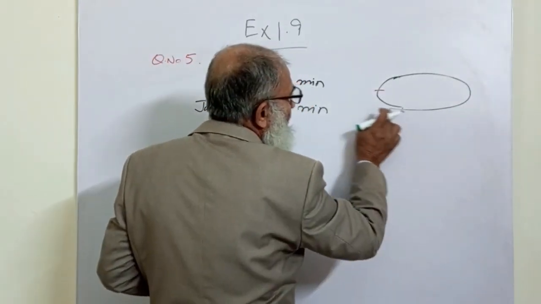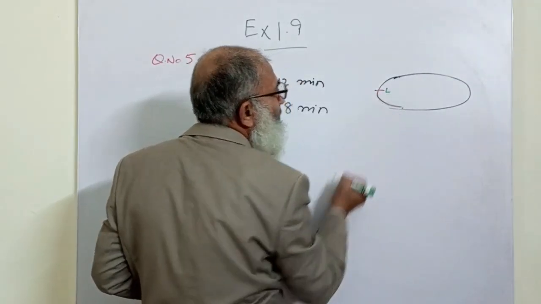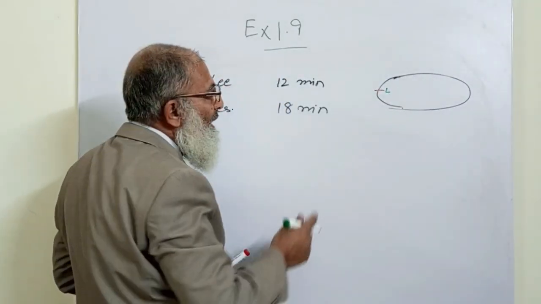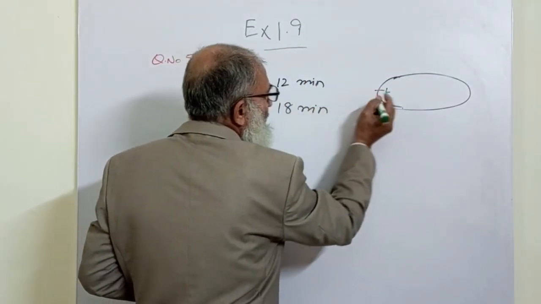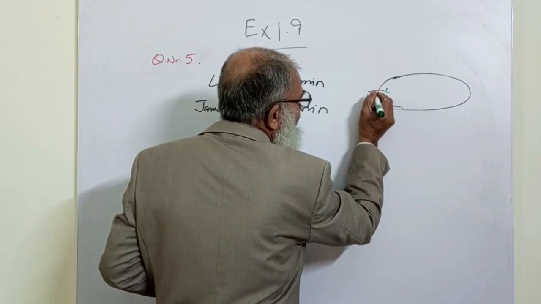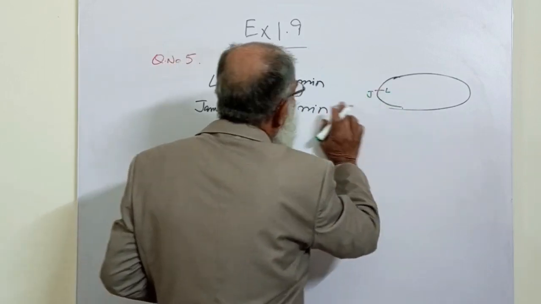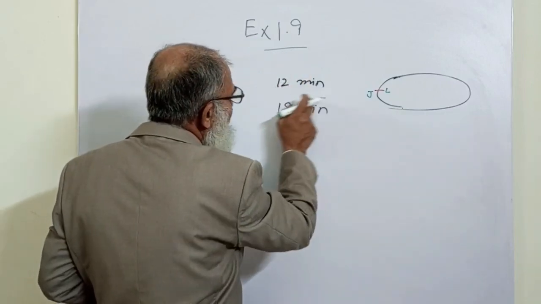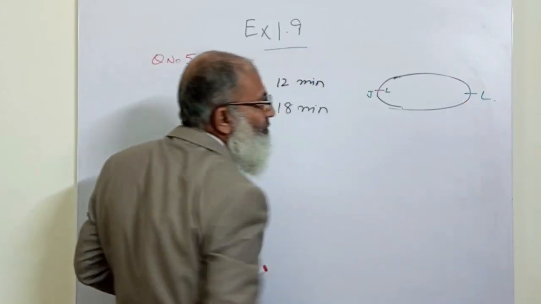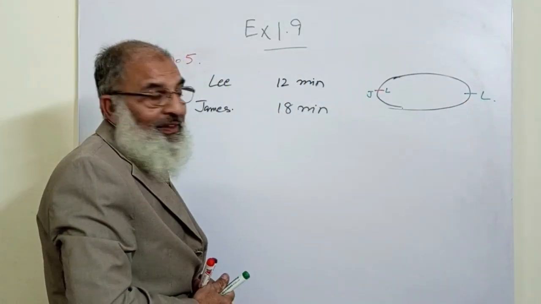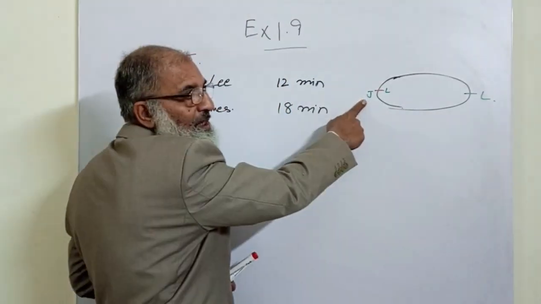After 12 minutes, Mr. Lee was here. And after 18 minutes, James was also here. But by that time, because Lee covers the same distance in 12, he would have reached here when James comes here.